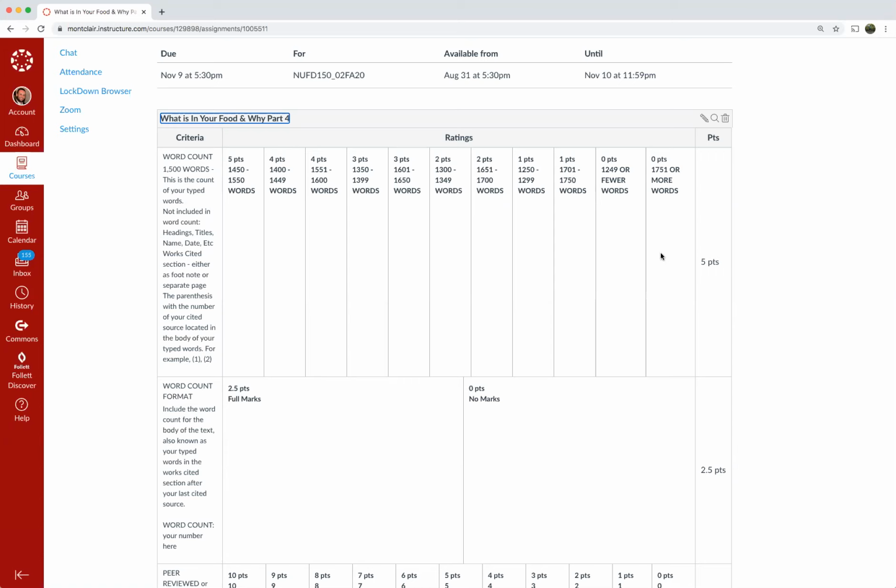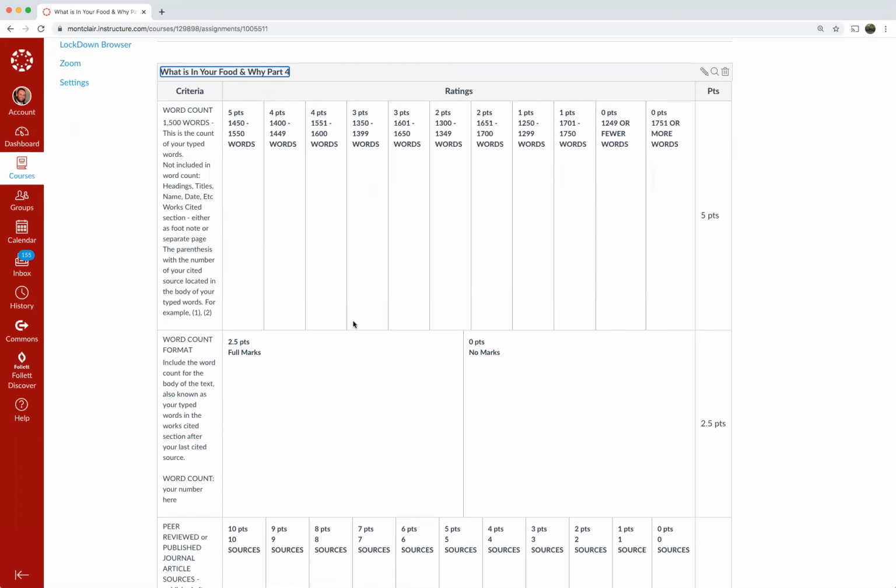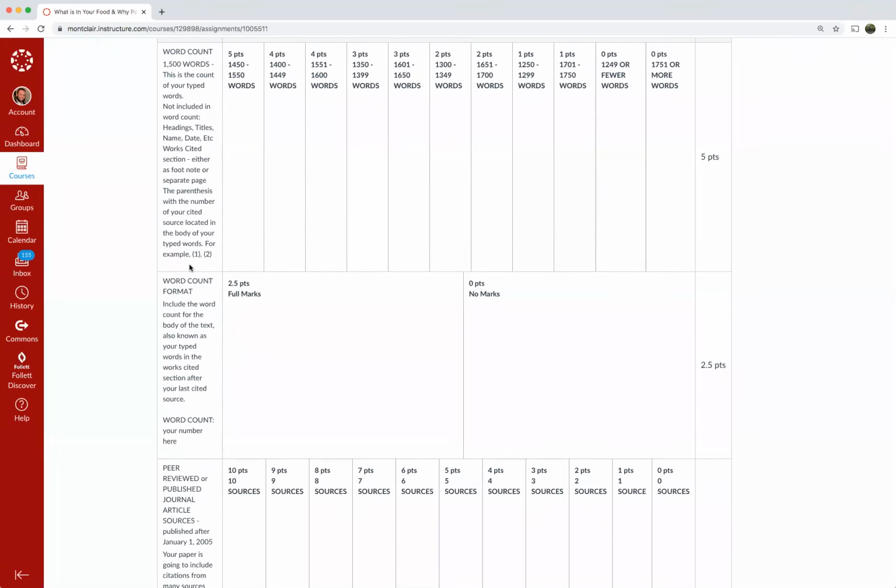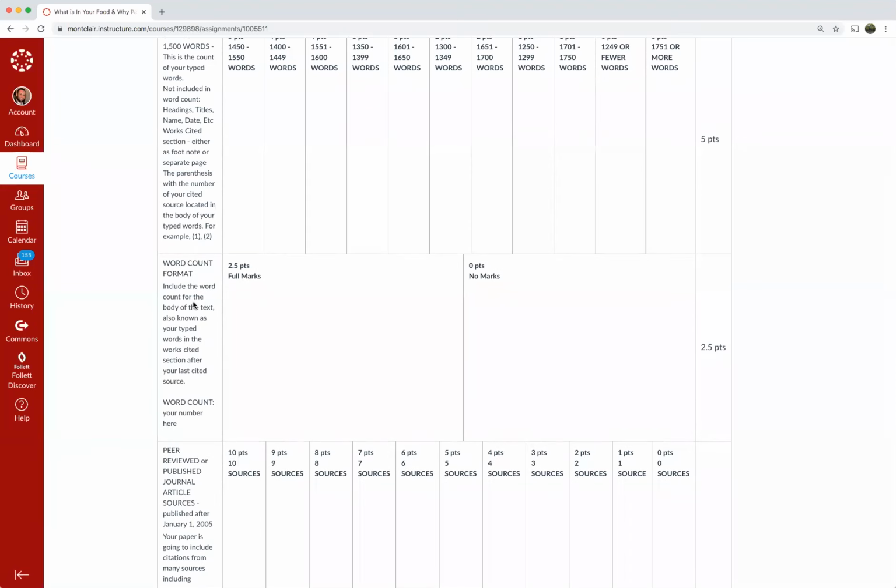So the challenge is to choose your words wisely and create a structure that brings you into that 1,500 word range. For the word count format, basically what you're going to do after your works cited page, or if you do footnotes, after that, on the last page of the text overall.